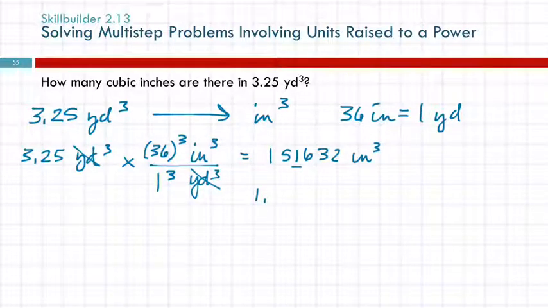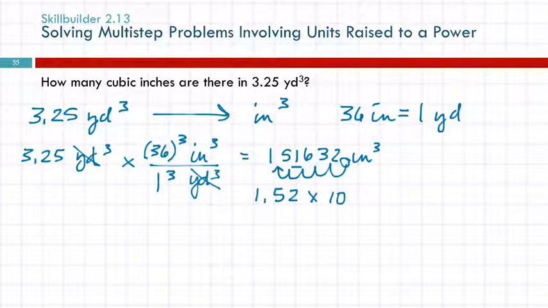So 1 point, that's not a 3, that's a 5. 1.5, the next digit, the last one I'm keeping is a 1, but this is a 6, so the 1 rounds up to a 2. 1.52 times 10 to a power. And the decimal point would have been over here. 1, 2, 3, 4, 5 places. So this is an exponent of 5.